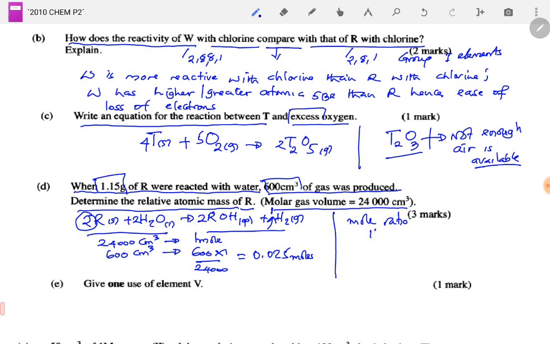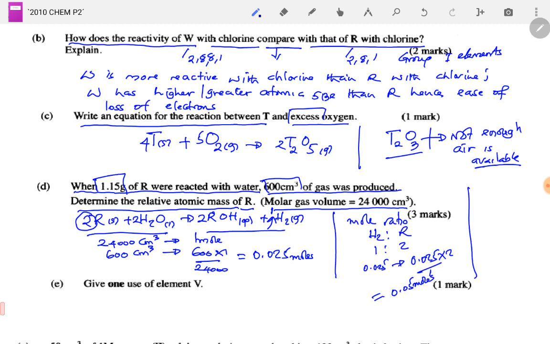So mole ratio hydrogen gas to R is 1:2. So 0.025 times 2 all over 1, and you have 0.05 moles.